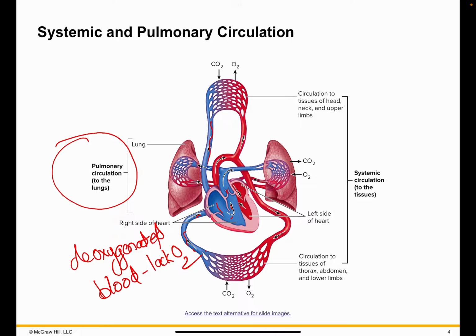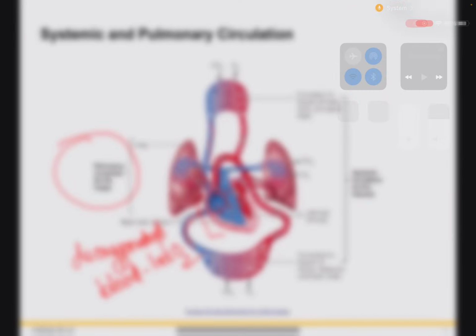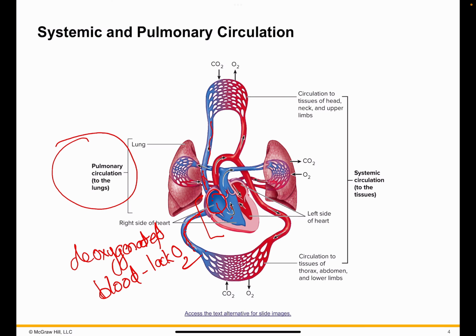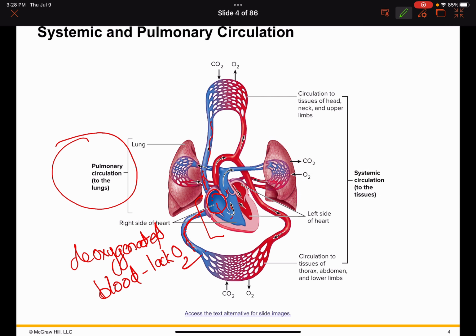Like I said, pulmonary circulation carries deoxygenated blood. You can see deoxygenated blood coming to the right atrium. This is the right side, and this is the left side.